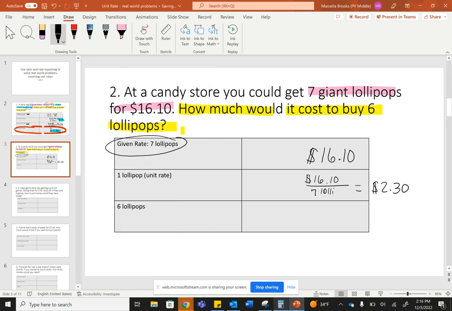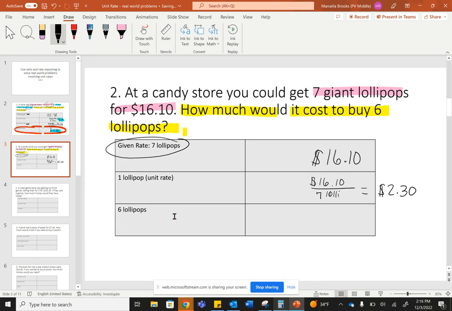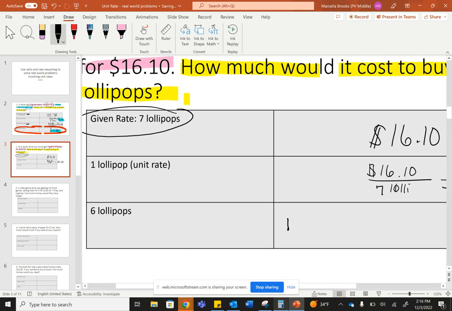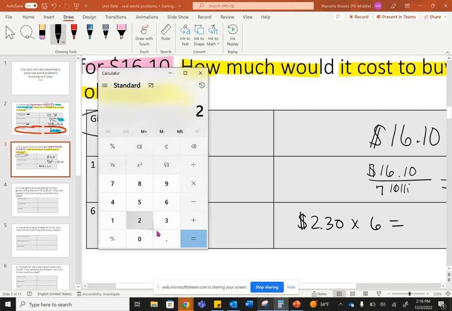So to buy 6 lollipops, we're going to take our unit rate of $2.30, and we're going to multiply it by 6 to find out how much 6 lollipops would cost. So let's do 2.30 times 6. 13.8.